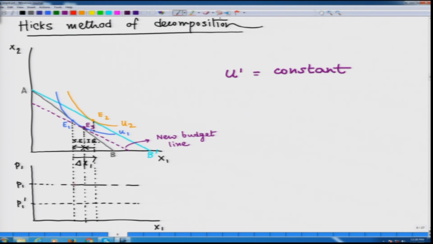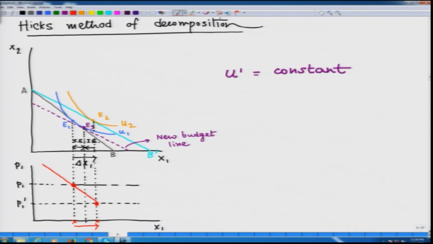So, if we want to draw the demand curve that we have seen earlier, the Marshallian demand function, we have to talk about the total price effect. So, these two are the points as price of commodity 1 falls from P 1 to P 1 prime, there is a quantity demand increase for commodity 1 from this original point to this point. If I join these 2 points, we get what is called a Marshallian demand function.